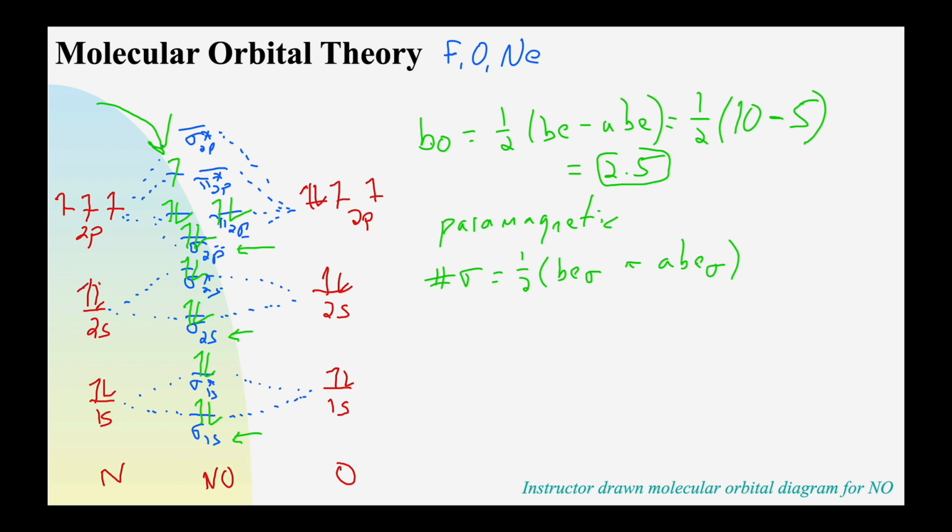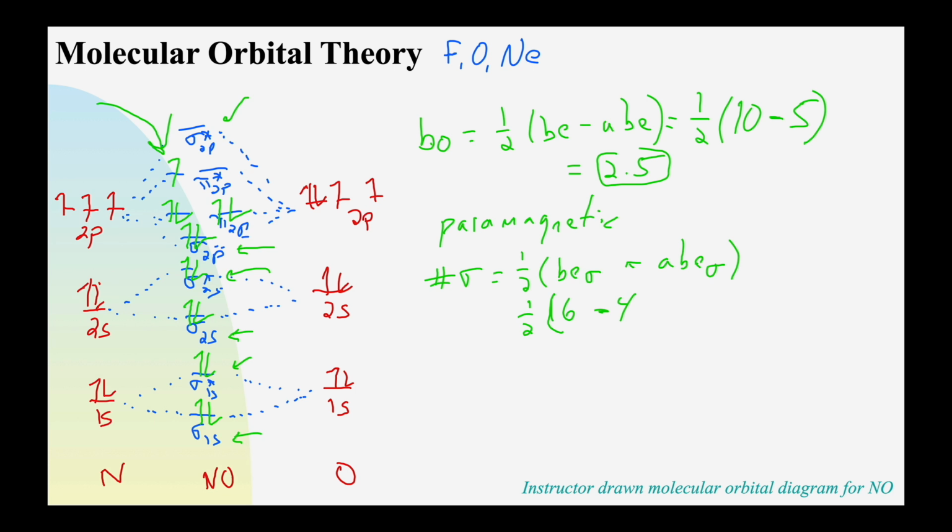So those are the 6 bonding sigma electrons. And anti-bonding here, you've got 2 in the sigma star 1s, 2 in the sigma star 2s, but the sigma star 2p, the very top one, is empty. So there's 4 anti-bonding sigma electrons.